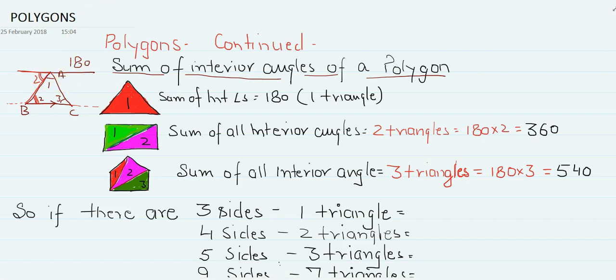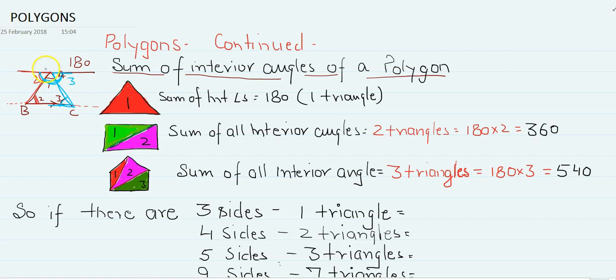In the same way, this is sometimes called the Z angle. So this angle is also equal to this one, so this is angle 3. Now angles 2, 1 and 3 are on a straight line.